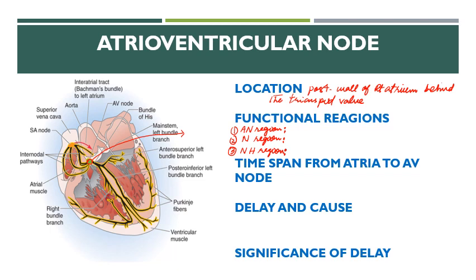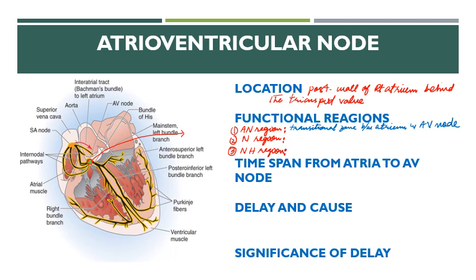AN region is transitional zone between atrium and AV node.